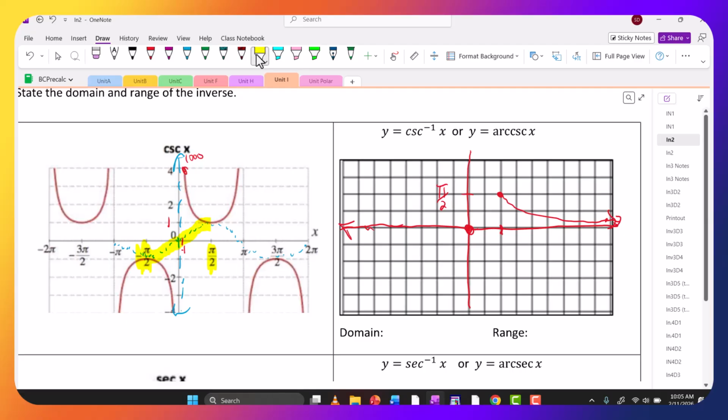So I had to invert this piece to keep this function 1 to 1. Because if I go over this loop, this fails the horizontal line test right there. So I cannot have this part of the graph. Similar to what happened yesterday. And then I do have negative pi over 2 comma -1. So here's -1 comma negative pi over 2.